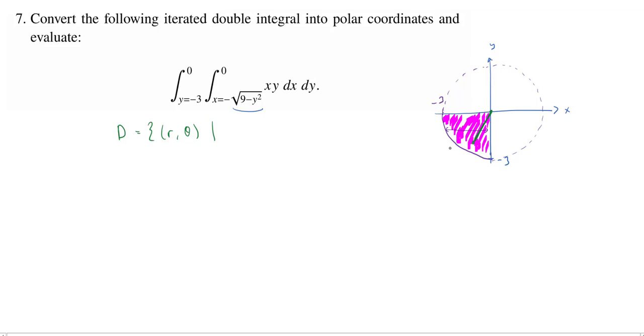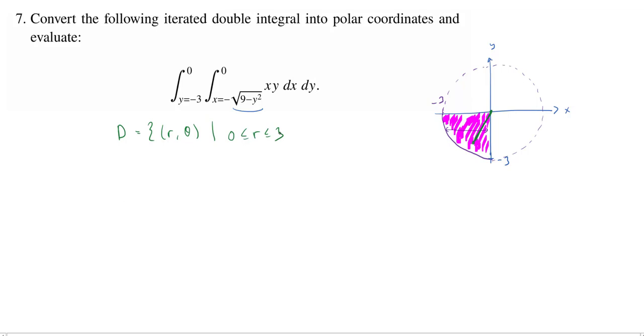And since this is a circle of radius 3, the distance to the origin can't be any bigger than 3. And of course, it can't be any smaller than 0. And you can see we're actually getting every value in between. So r will go between 0 and 3.